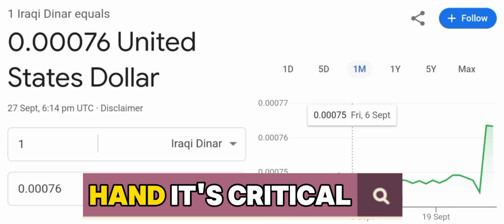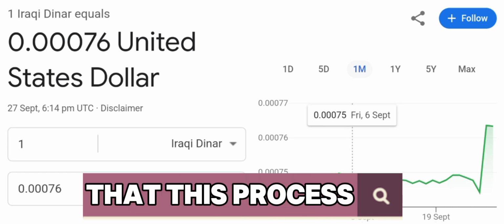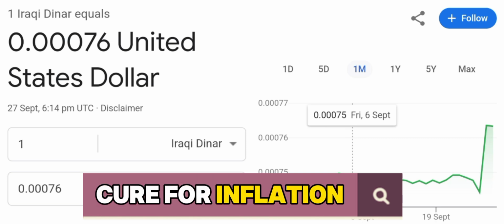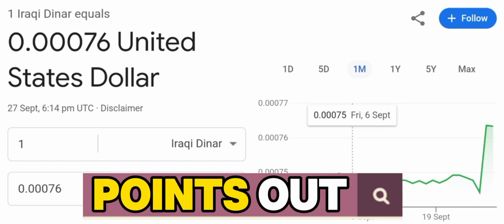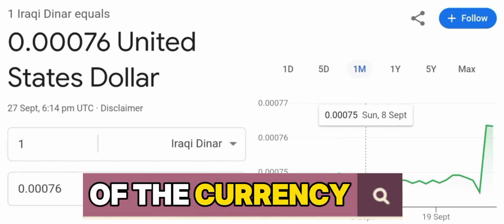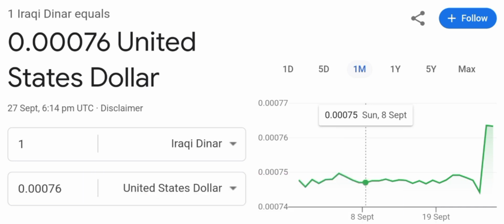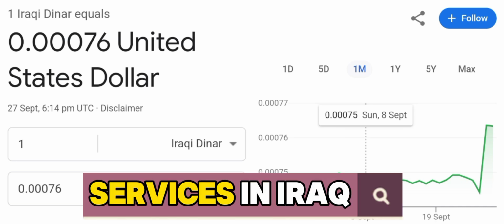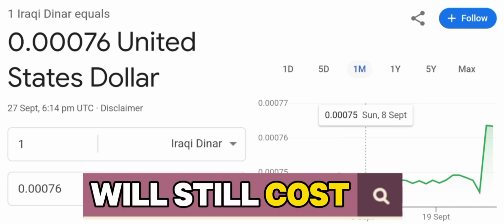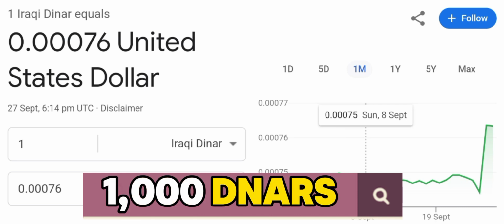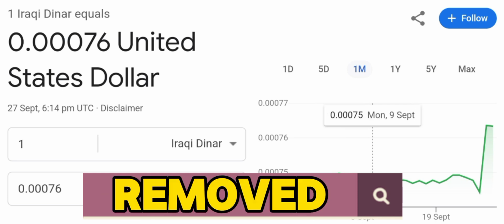On the other hand, it's critical to note that this process of deleting zeros is not a cure for inflation or economic instability. As Al-Mawsumi points out, the purchasing power of the currency remains unchanged. The real value of goods and services in Iraq will stay the same, meaning that a loaf of bread will still cost the equivalent of 1,000 dinars, whether or not the zeros are removed.